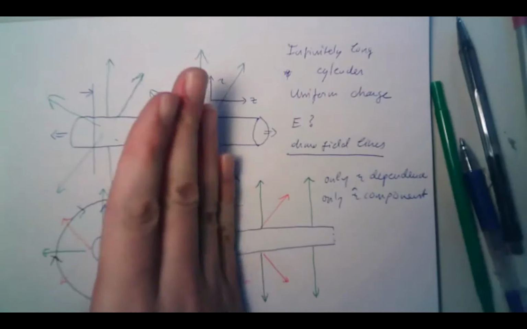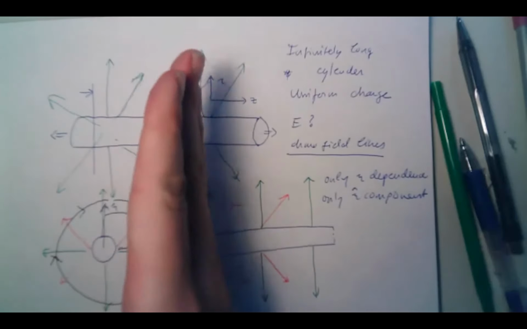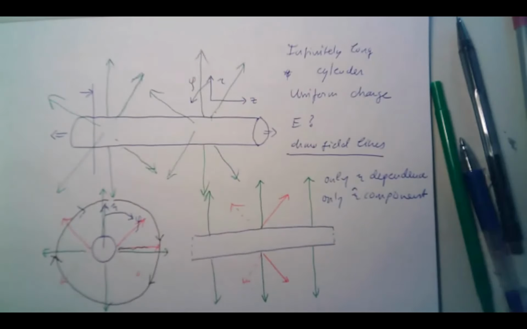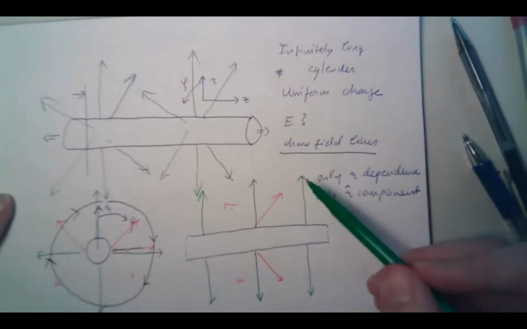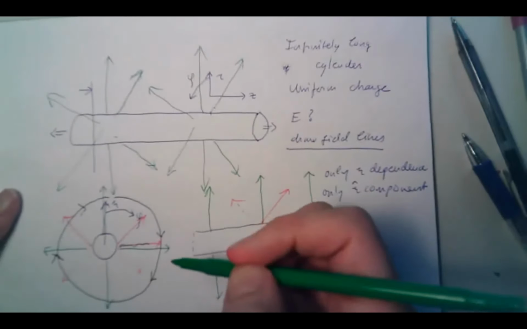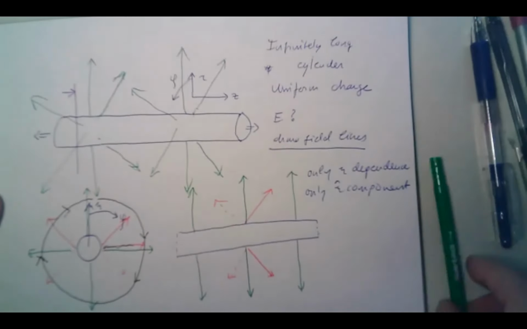All right, so they're pointing exactly in the plane that is perpendicular to the wire. And now step 2 of Gauss's law is, okay, let's build our Gaussian surface.